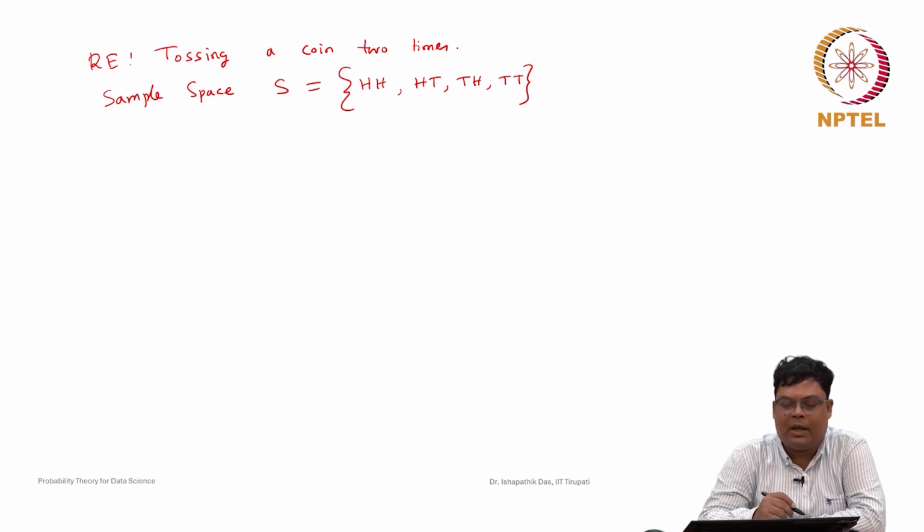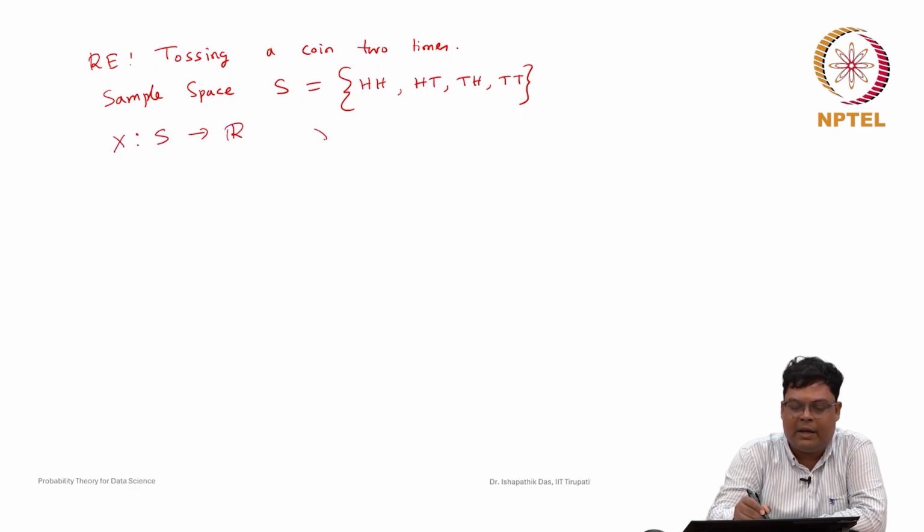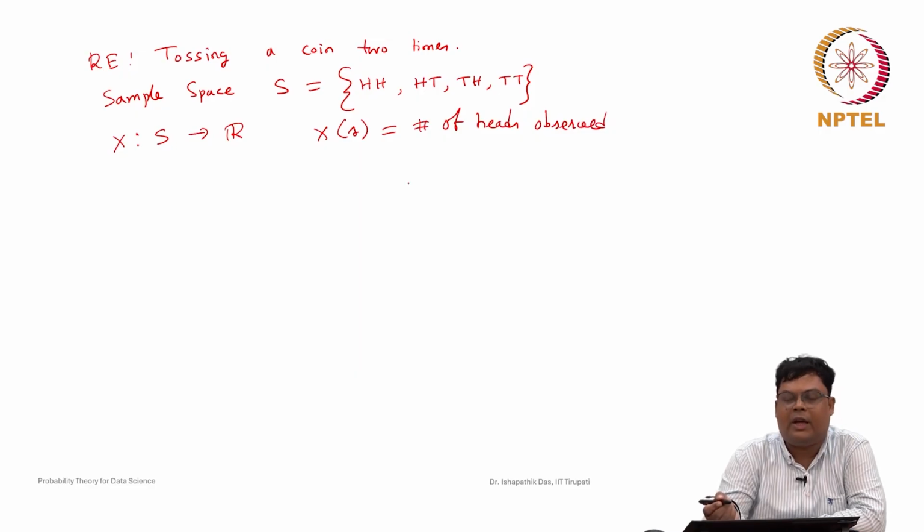All possible outcomes, in which run which outcome will appear, we do not know. So, now let us define a random variable X. It will be a measurable function from S to R defined by X of any point s is equal to the number of heads obtained.